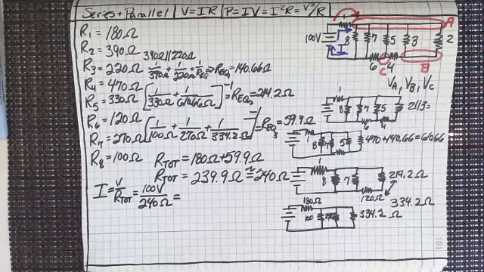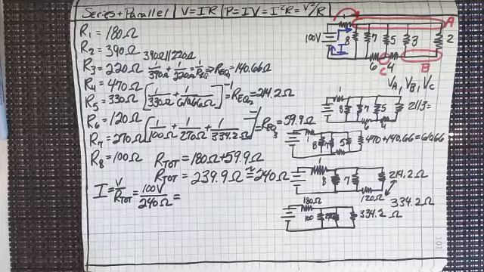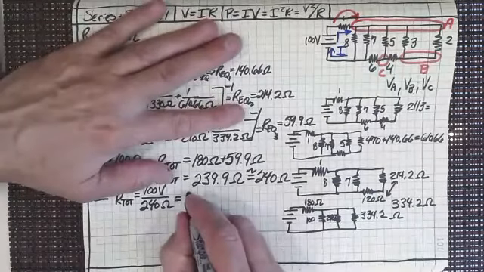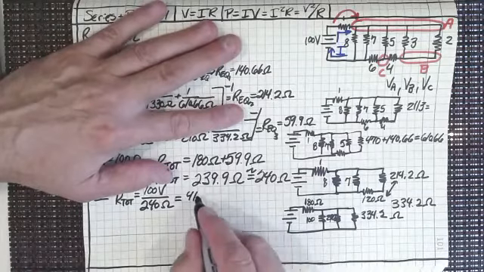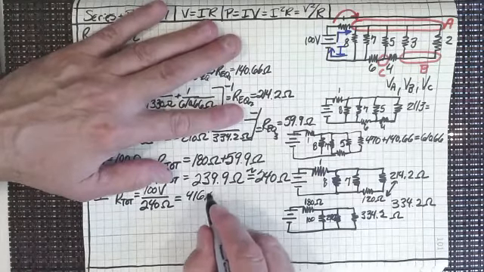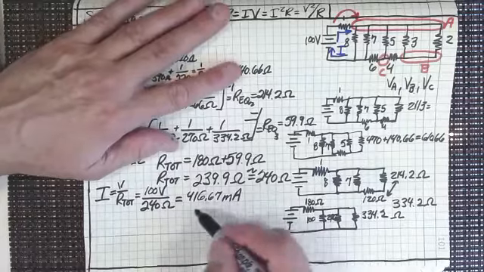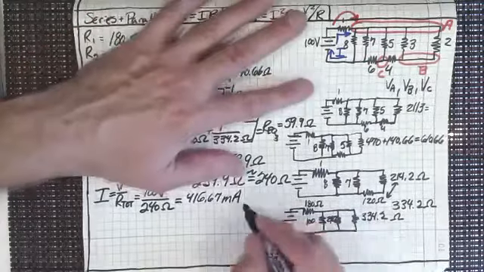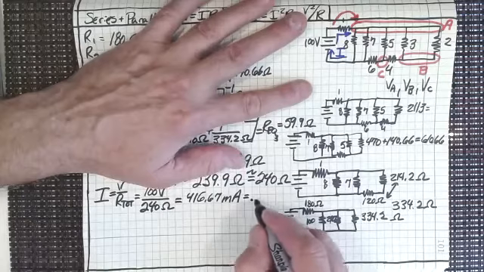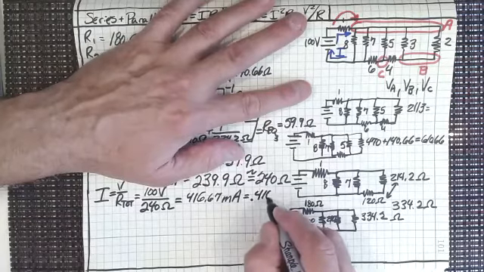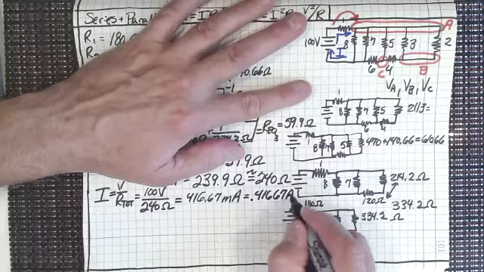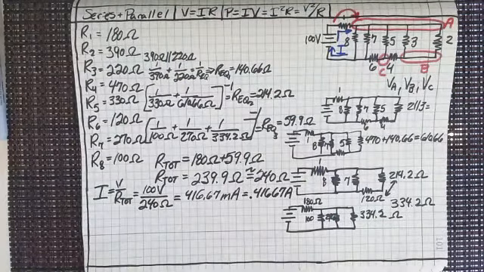So 100 volts divided by 240 ohms is 416.67 milliamps. Notice how I put down milliamps, because I like to work in tens and hundreds and stuff like that. I could also say, though, that would be 0.41667 amps, couldn't I?